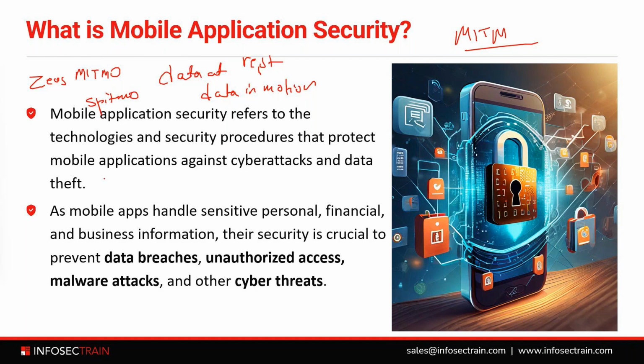Then, for providing security to mobile applications, don't you think we need to perform pen testing of mobile applications? Now, the first thing we should know is what pen testing is. Pen testing is short for penetration testing, and this is the ethical way of finding out vulnerabilities. The people who perform pen testing are called pen testers, right?